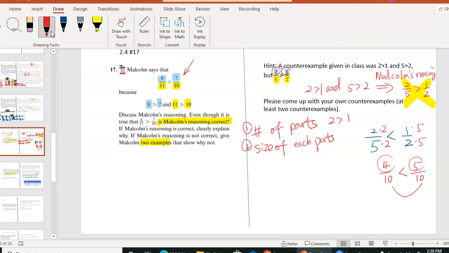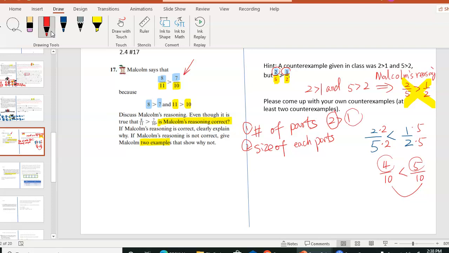If you have 5 as a denominator, a bigger number, everybody gets a smaller share. Each slice is going to be smaller. Although you have more parts, say 2 slices of pizza, each slice is tiny, so it may still be smaller. In this case, it's still smaller than 1 slice.